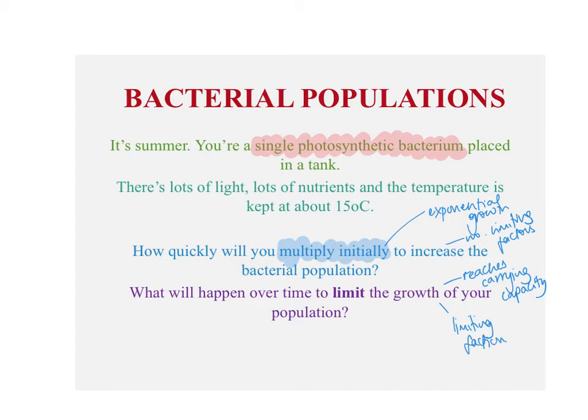Okay, so then growth is going to slow or stop. Maybe it will even decline. But the decline is only going to happen when deaths are more than births. Or divisions, okay? Remember, we're talking about bacteria here.